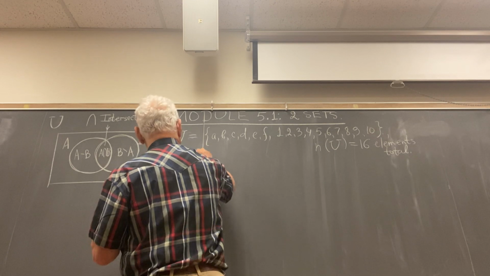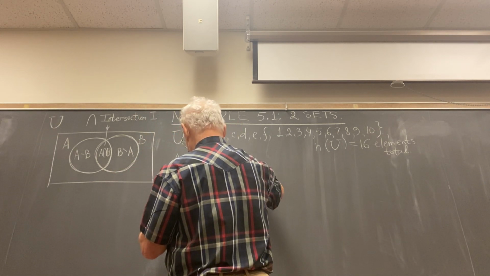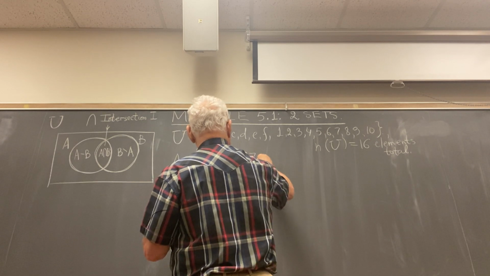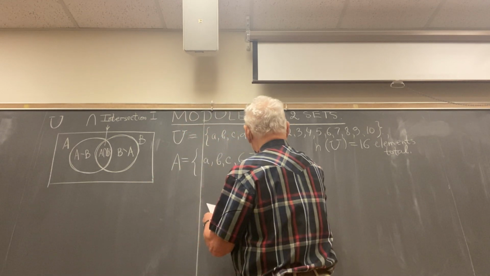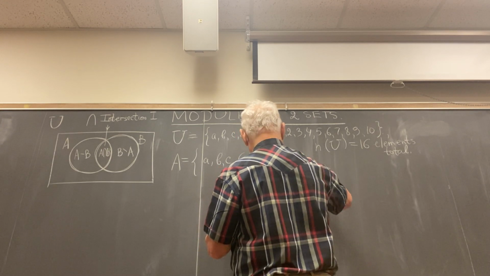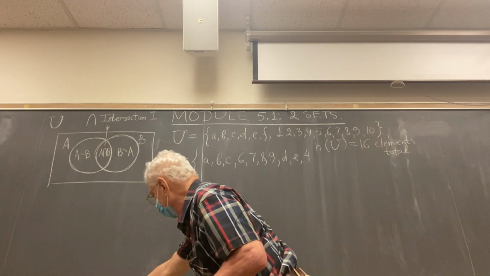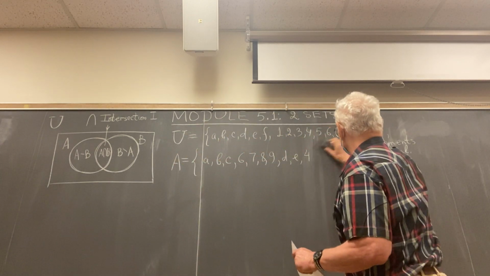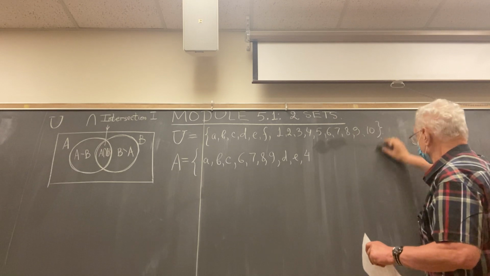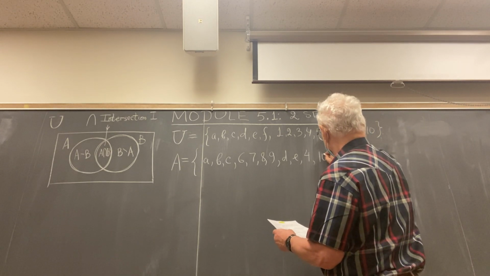Now I will tell you what A and B are. A is the set consisting of the following elements: a, b, c, 6, 7, 8, 9, then d, e, 4, and 10.